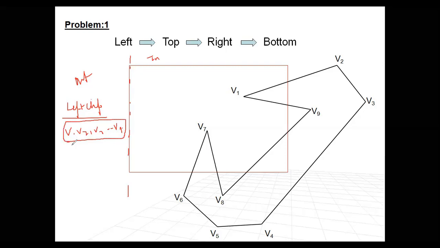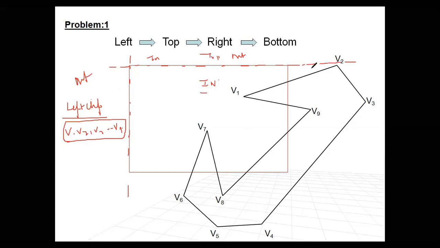Then we will go with the top clipper. This will be treated as out, this will be treated as in, and all the vertices are lying inside.